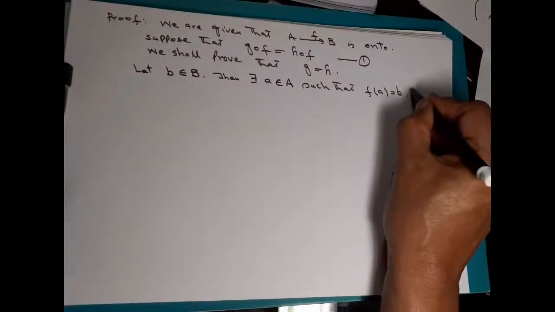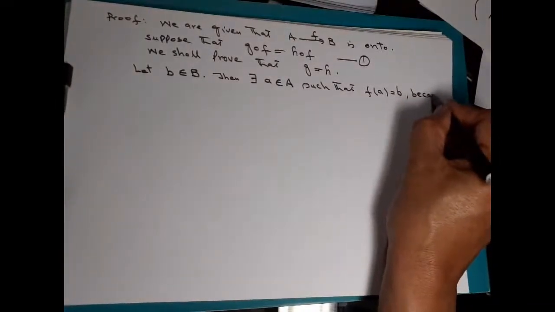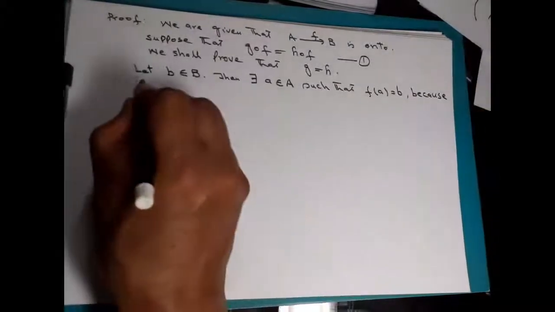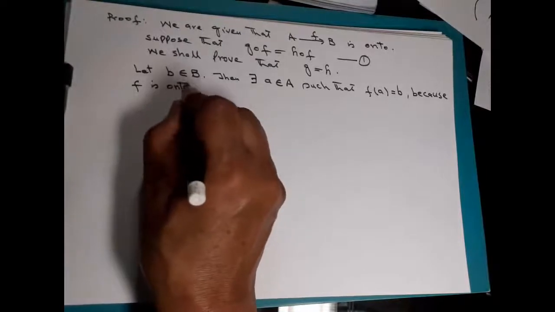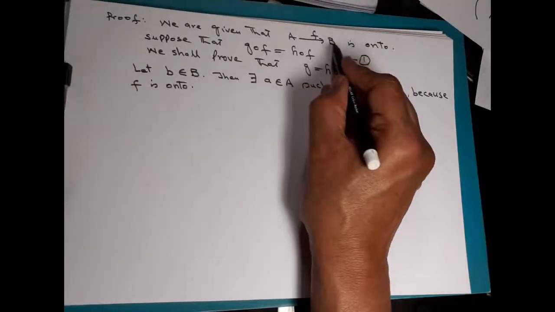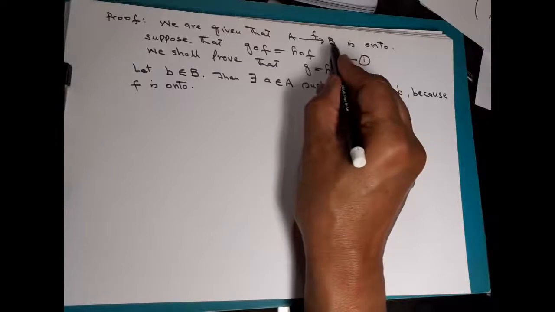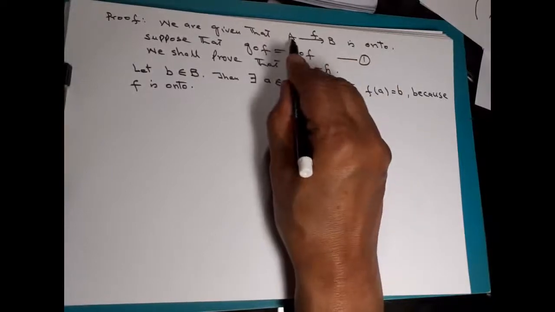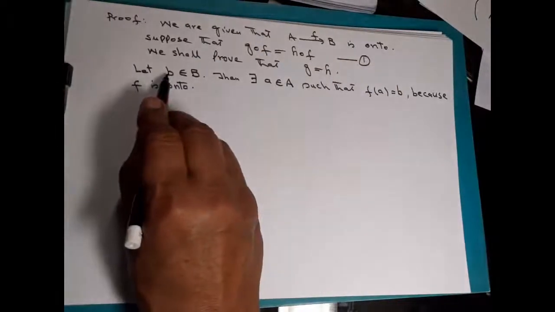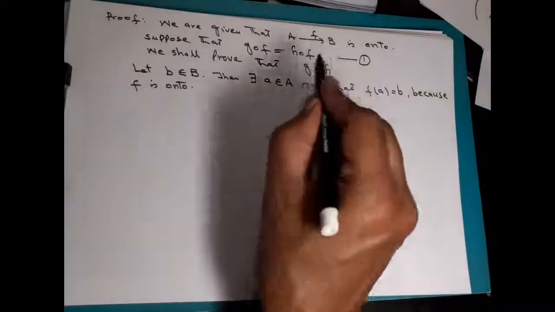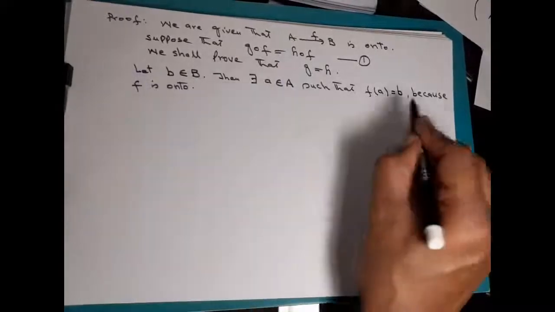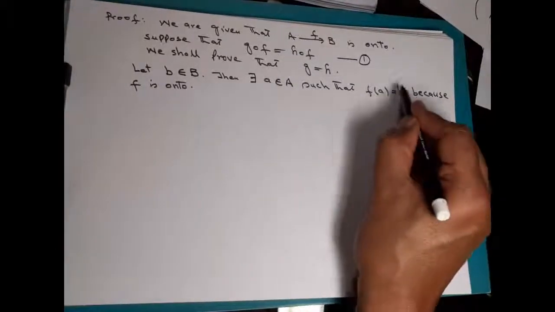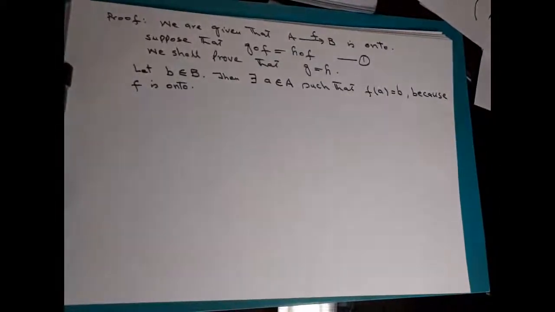The reason is very simple, because F is onto. If a function is onto, then every element of the codomain will be the image of some element in the domain. We have chosen an element b in the codomain, so there must be an element a in the domain so that the image F(a) is equal to this element b. So this is because of F being onto.